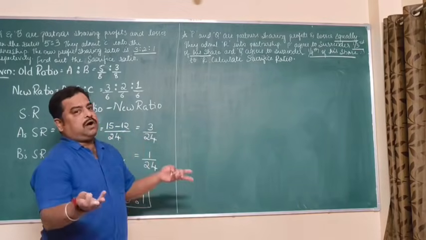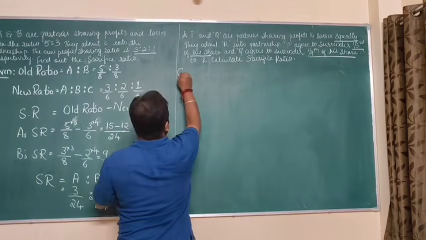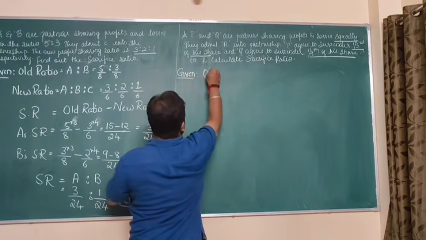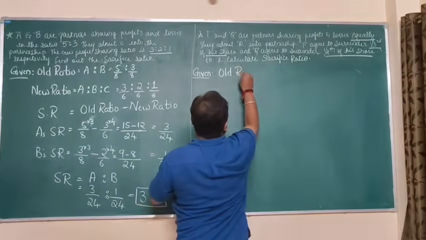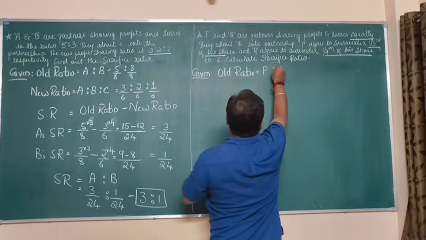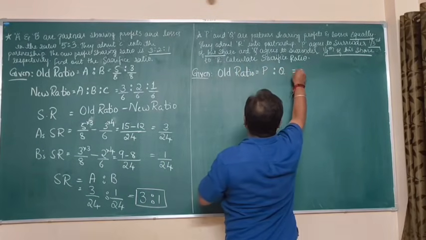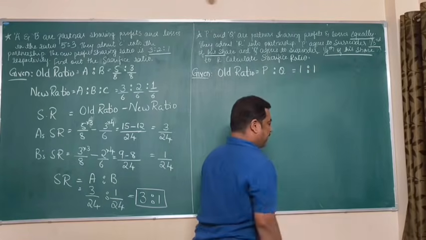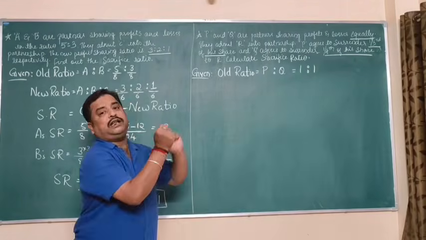Let us write first what is given. We'll get the idea how to solve this. Given, as usual, first information, old ratio is equal to P is to Q, that is equally. If two partners are there, we write 1:1.